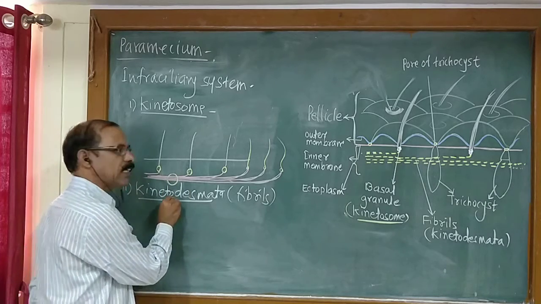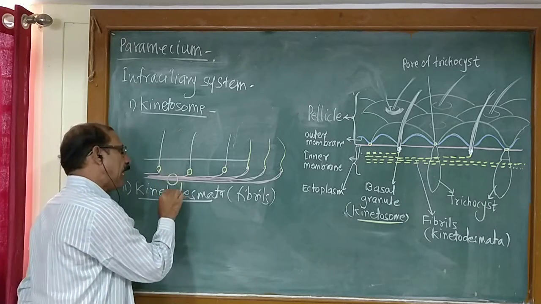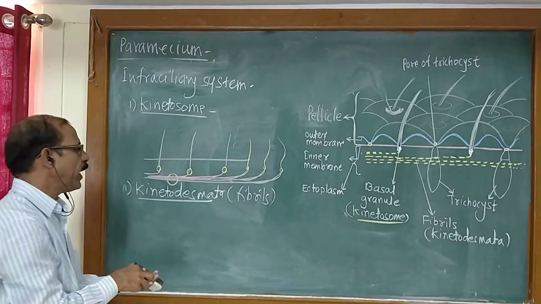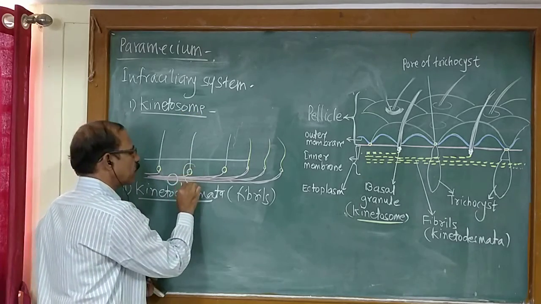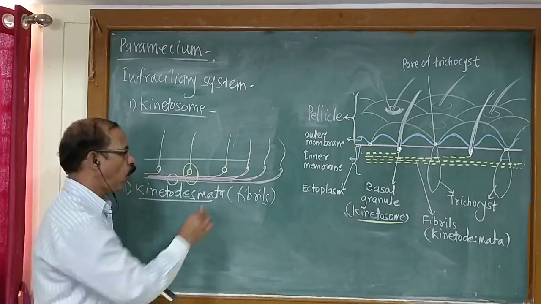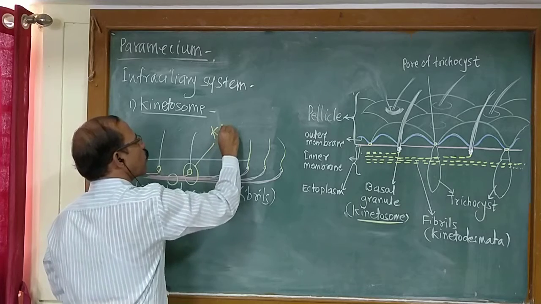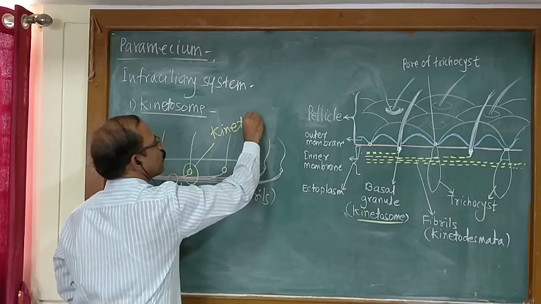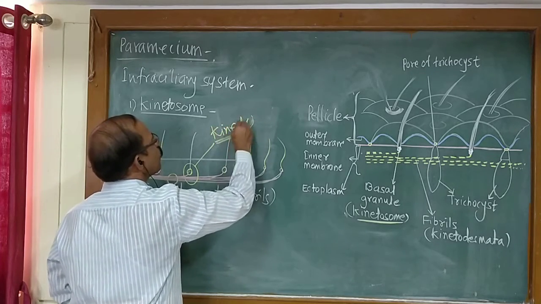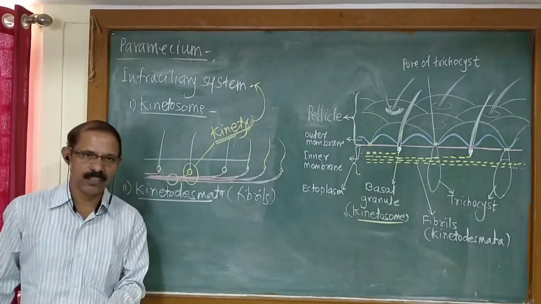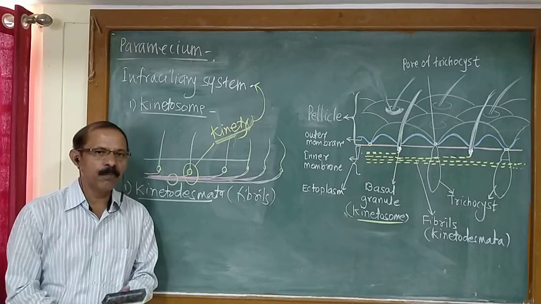It is called kinetodesmata. Kinetosome plus kinetodesmata together are called kinete, and such a kinete forms the infraciliary system.